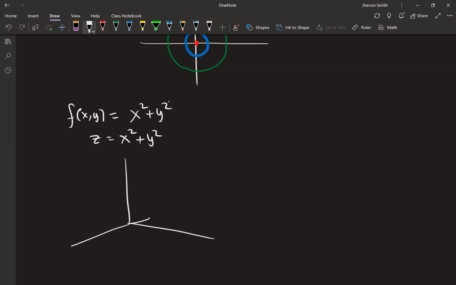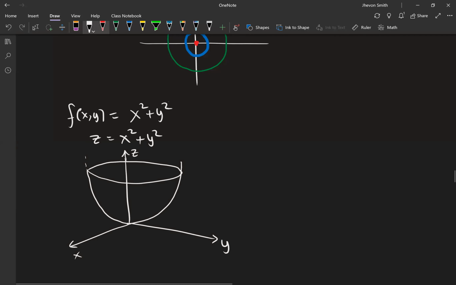So it's like a bulgy thing going up. And again, we can do a bunch of slices here, and that would lead to the level curves.